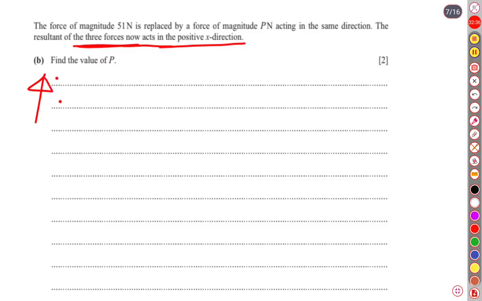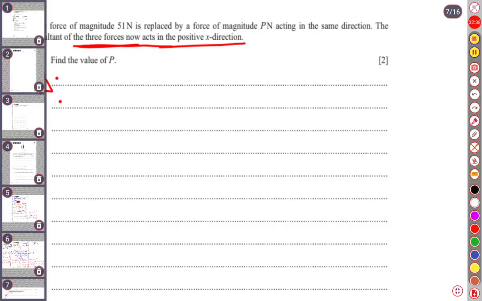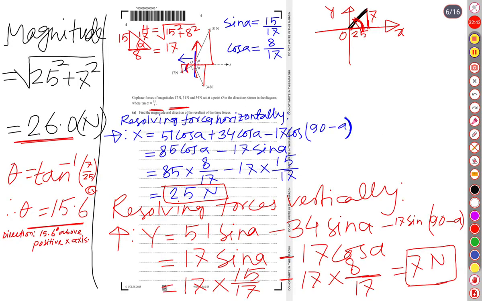For vertically, what was our equation? We can just copy this from here. The vertical direction was 51 sine alpha, but instead of 51 we will use P, and the rest will be unchanged.